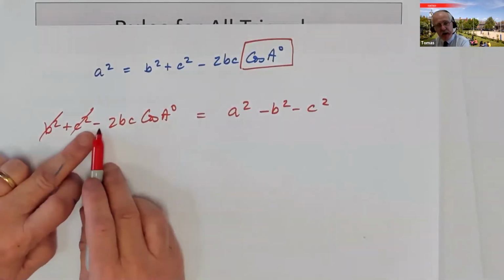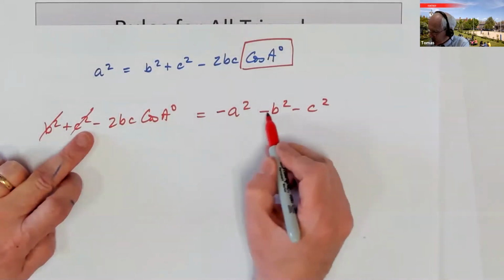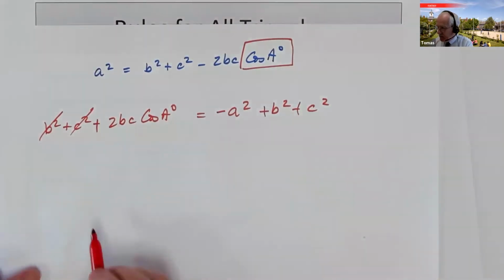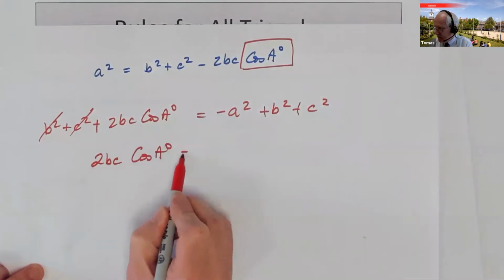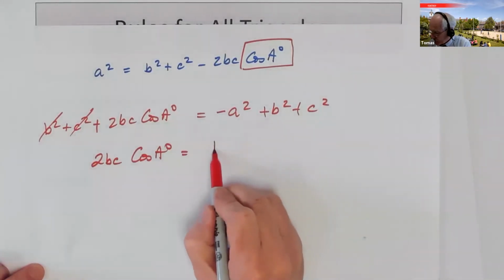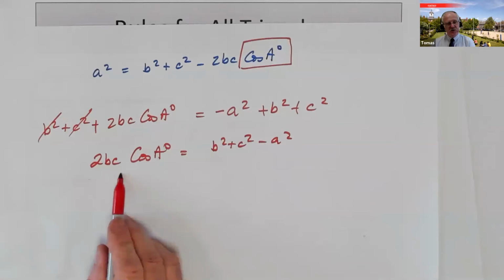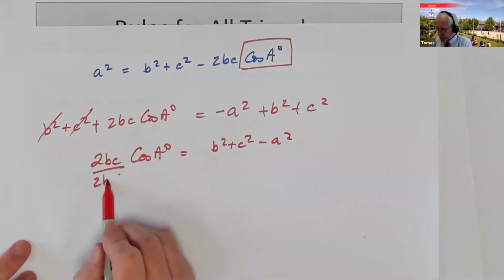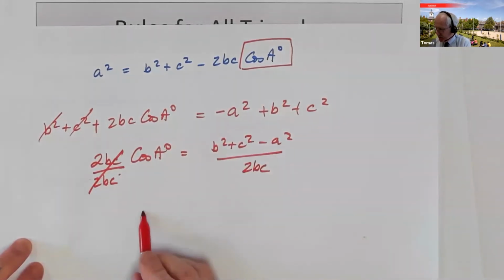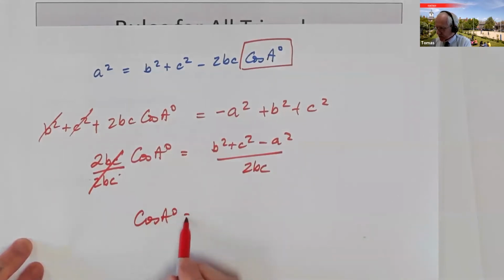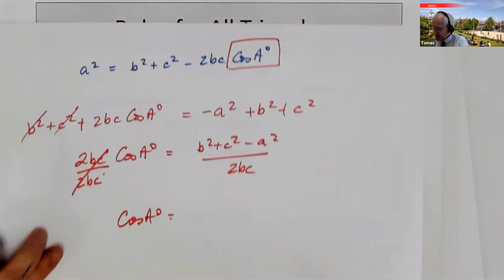You don't like the minus here because it's multiplying everything, so you change everything to minus, plus, and plus. So you end up with 2bc cos a is equal to b squared plus c squared minus a squared. You don't like 2bc on top, so you end up with cos a is equal to b squared plus c squared minus a squared over 2bc.